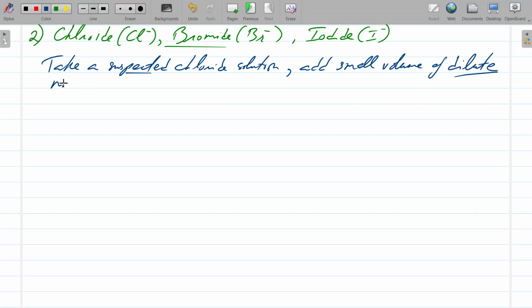What will happen is the solution will become acidic, obviously because you're adding an acid to it.